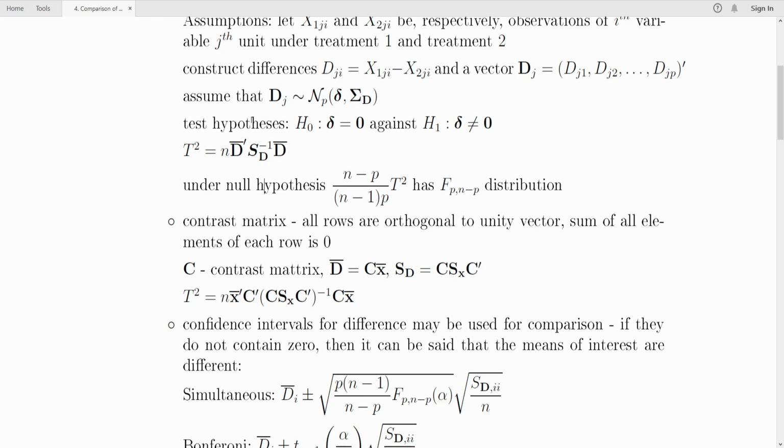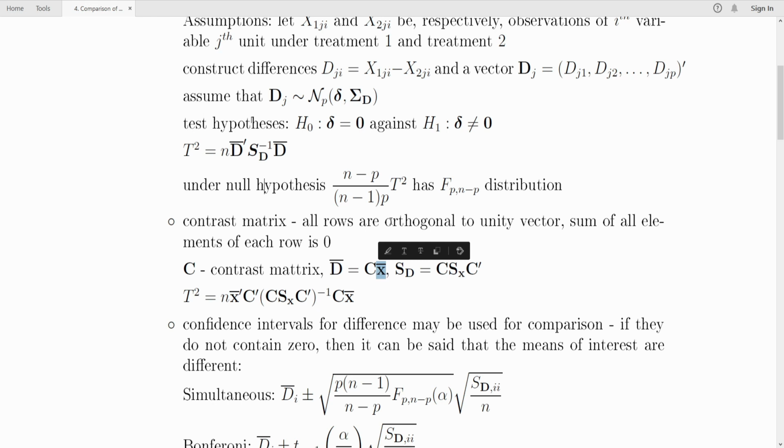You would naturally ask what the dimensions are here, or of our matrices, for example S_D or S_X in this case. Well, now because we have more treatments and more variables, say that we have p variables, then this vector x is actually going to be 2p times 1.